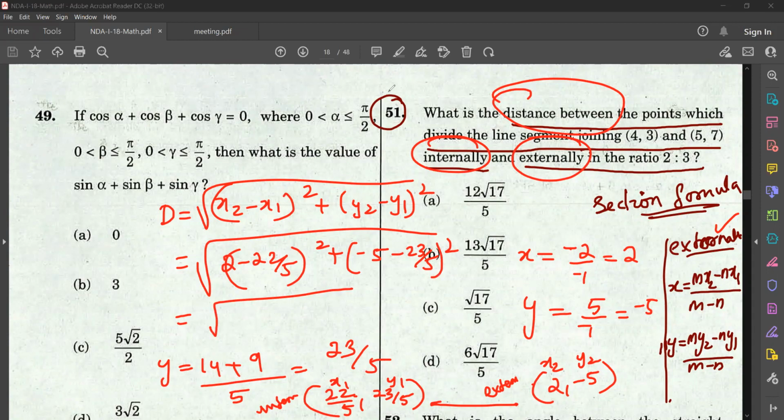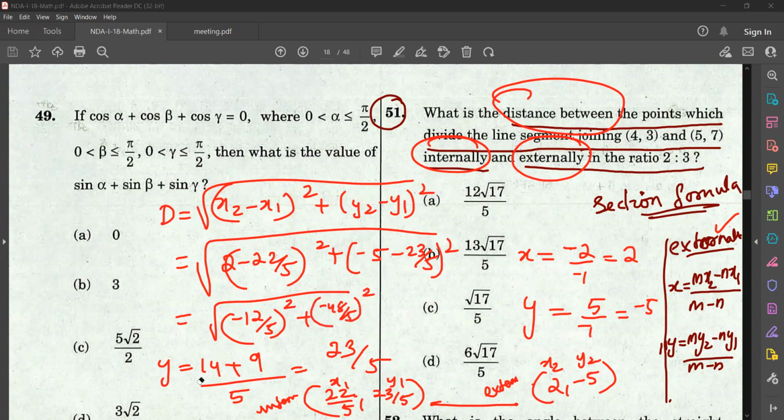So you may be getting the answer as: this will become (10 minus 22) minus 12, the whole square, by 5 square. So root of (minus 12 by 5) the whole square plus this will be (minus 25 minus 23), so that is minus 48 by 5, isn't it? Minus 48 by 5 the whole square.